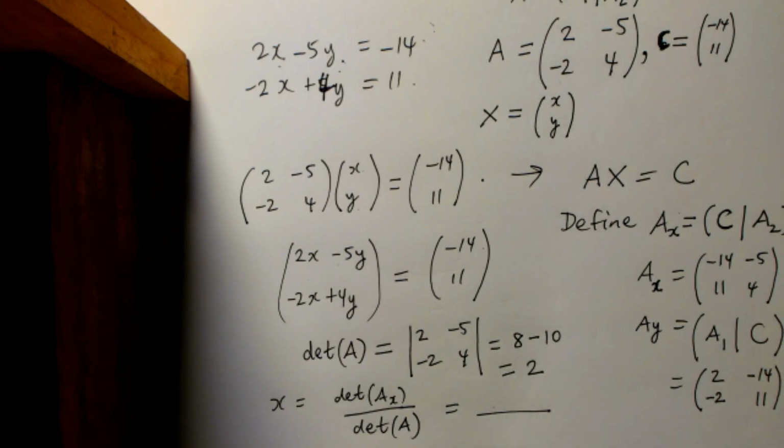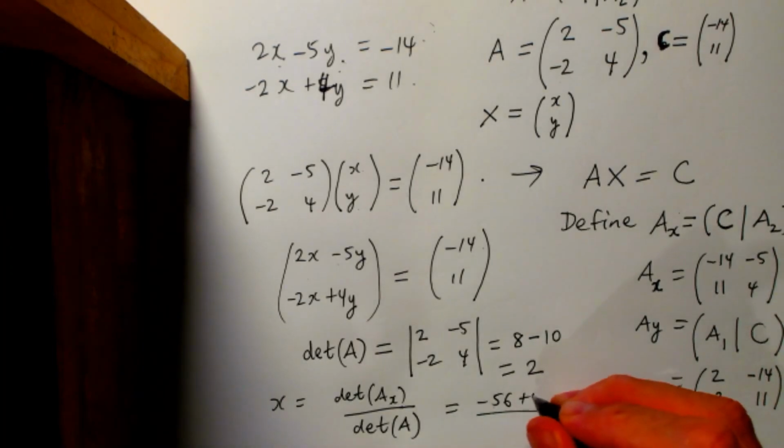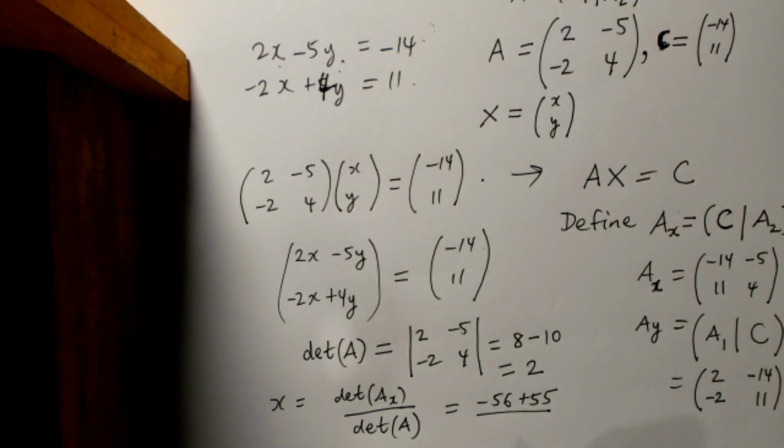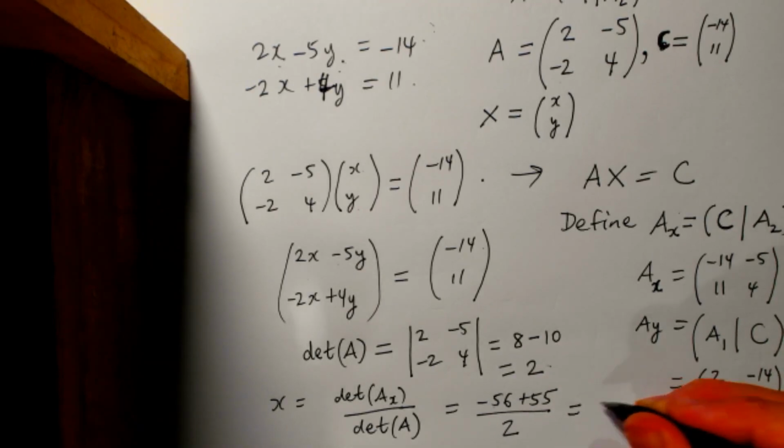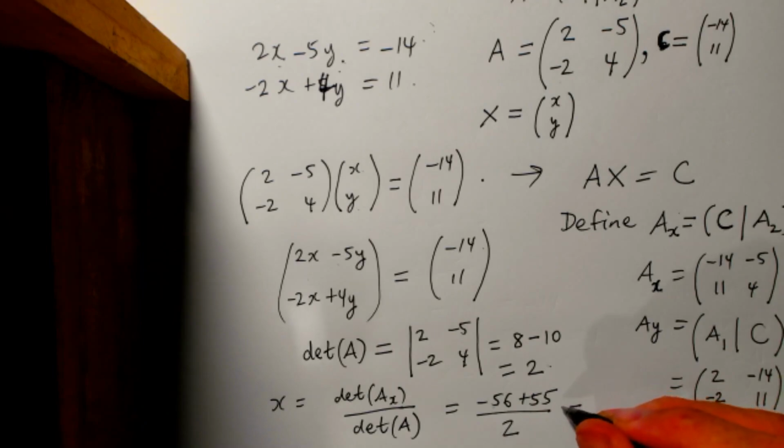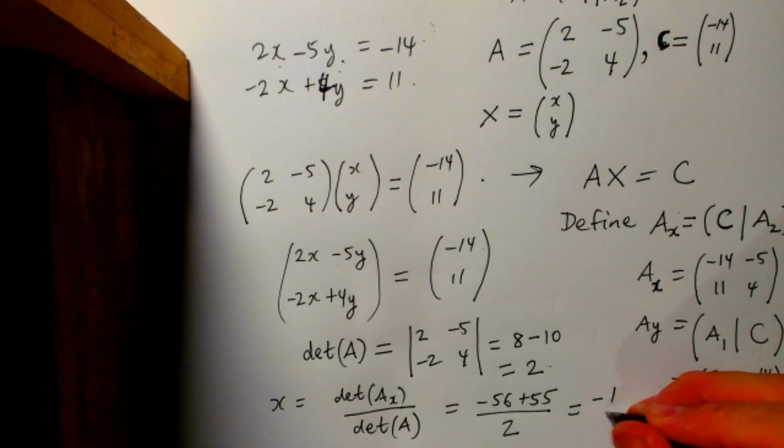So 4 times minus 14 is minus 56, and then we're subtracting minus 55, so that's plus 55. Okay, now determinant of A, we already calculated that as 2, and so we have the difference, minus 56 plus 55 is minus 1, so minus 1/2.